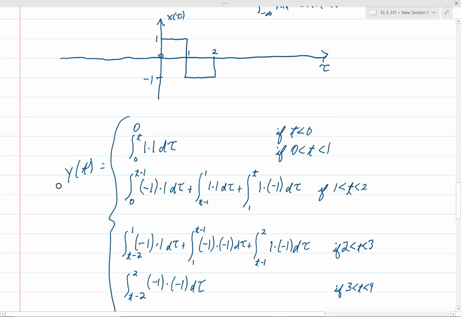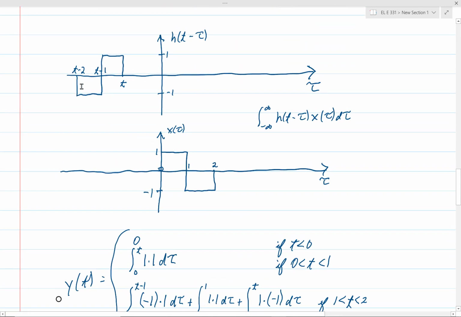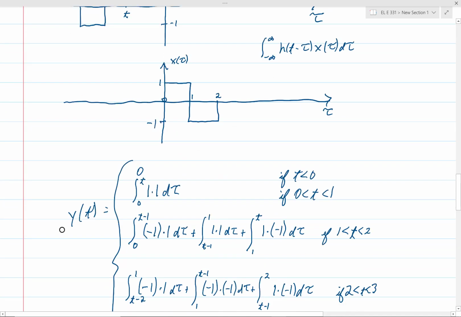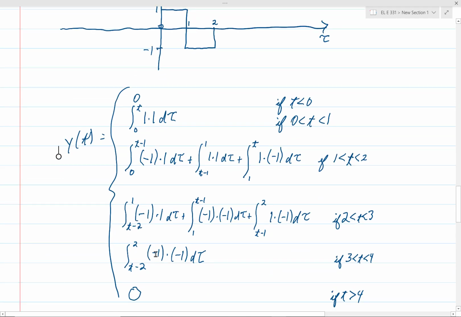Then the only overlap we have, remember this trailing part is going to be now somewhere over here. So we'll have an overlap just of part of the negative portion of x with part of the negative portion of h. And so that's why we have negative 1 for both of them down here.